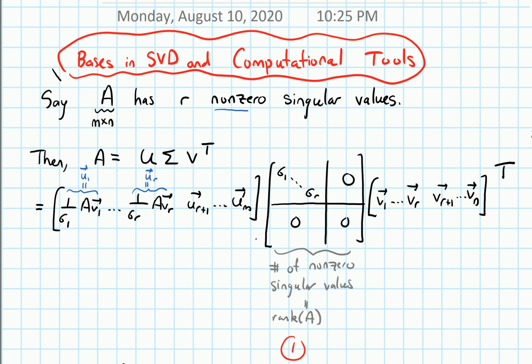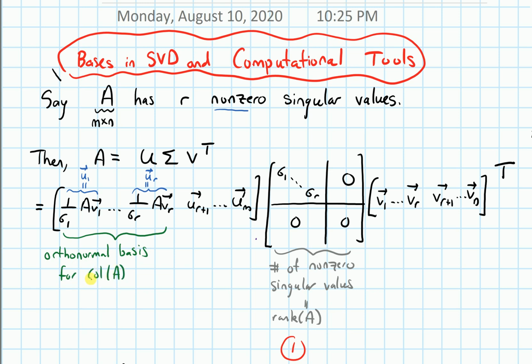We've seen in a previous video that these first R columns in the matrix U form an orthonormal basis for the column space.